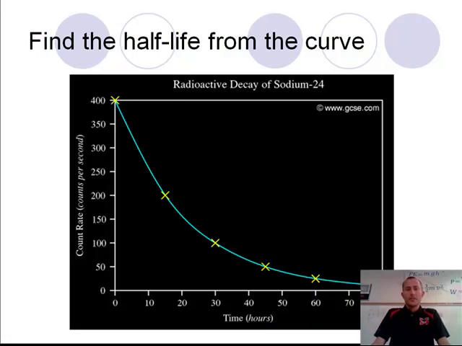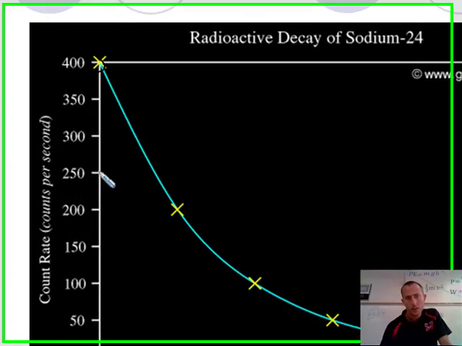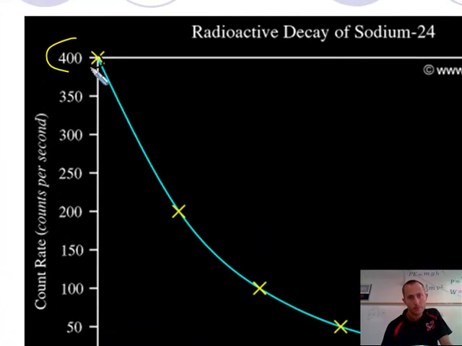Now, because of this, it ends up being an exponential relationship. And so if we were to graph the amount of, in this case, sodium-24, if we look at our graph a little more closely, we start out with 400 grams of sodium-24 up here. Now, if we follow our graph down, half of 400 is 200, so we go down to 200.